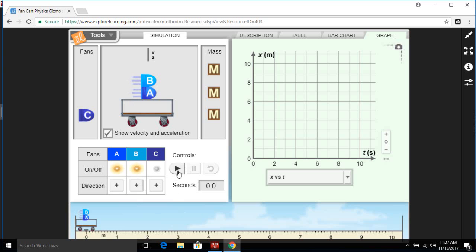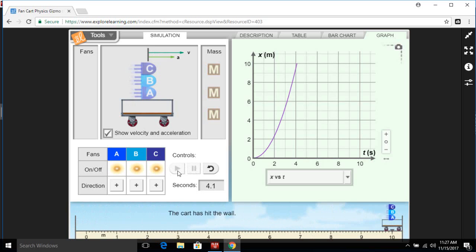Okay, let's test. 4.3 seconds. So it went faster. If we add the third fan, even more force, so acceleration should go up. 4.1. Does that make sense? That is the second law.